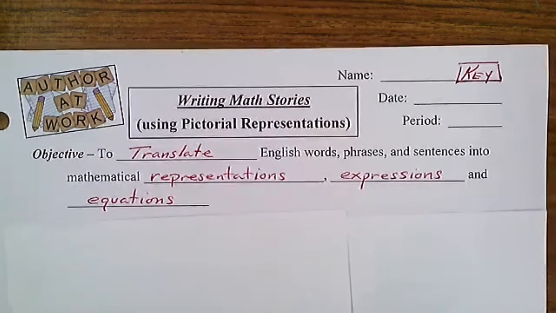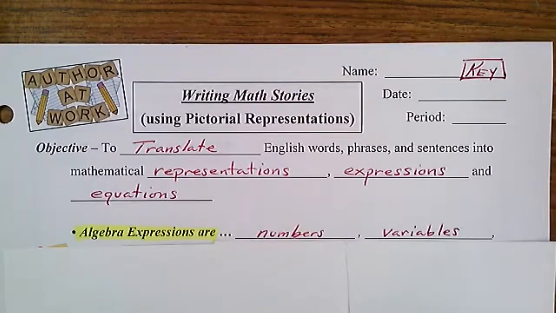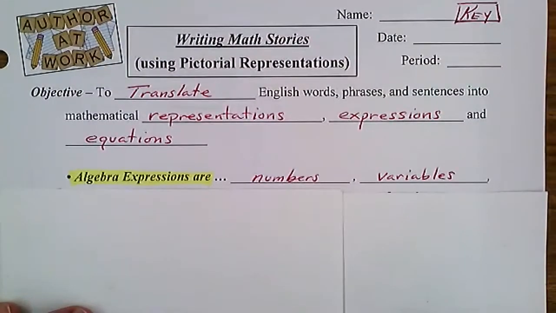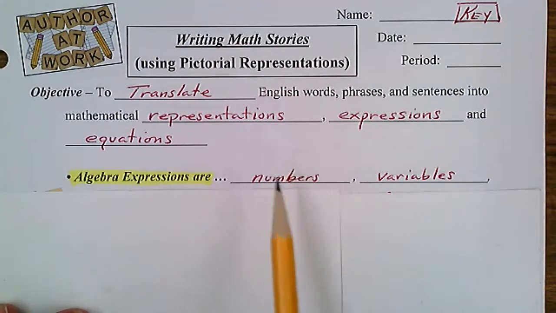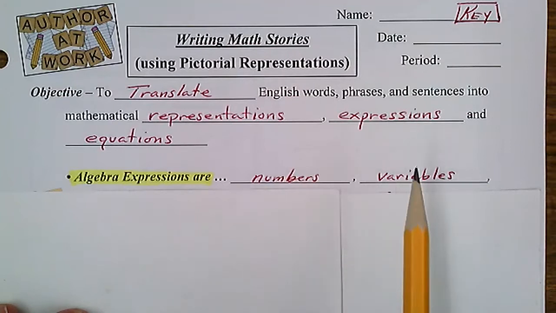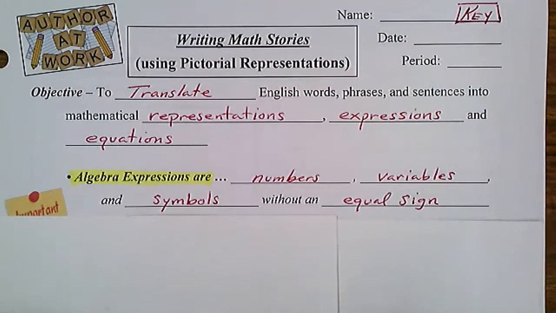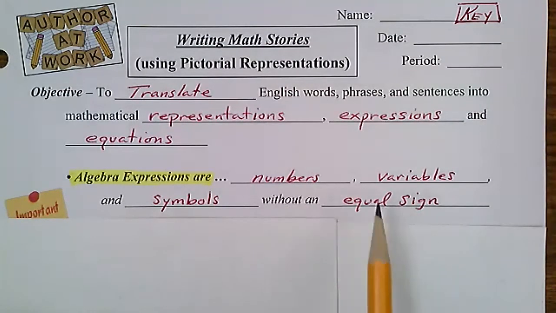So the first main point that I want to start with is I want to just review what an algebraic expression is, or an algebra expression. So an algebra expression, it has numbers, it usually has variables, and it usually has some type of symbols without an equal sign. So an expression does not have an equal sign.